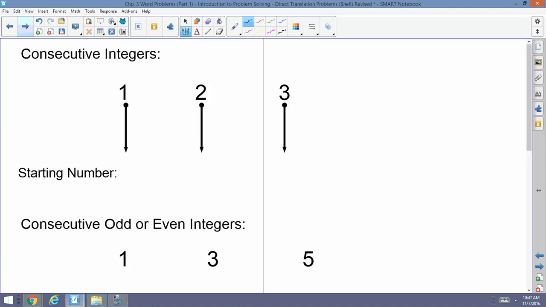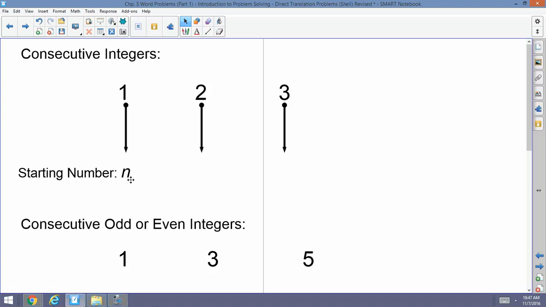In consecutive integers, it's very simple as long as you understand that concept. The easiest 3 consecutive integers out there are the numbers 1, 2, and 3, correct? When I set up equations with consecutive integers, I think of my first number as, let's just pretend it's the value of 1, but I'm going to call that unknown number n. How did I get from 1 to 2, y'all?